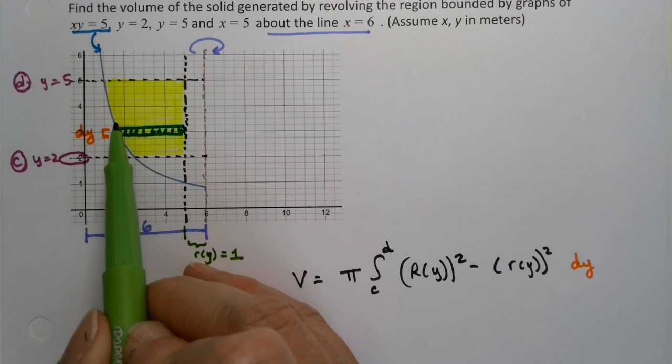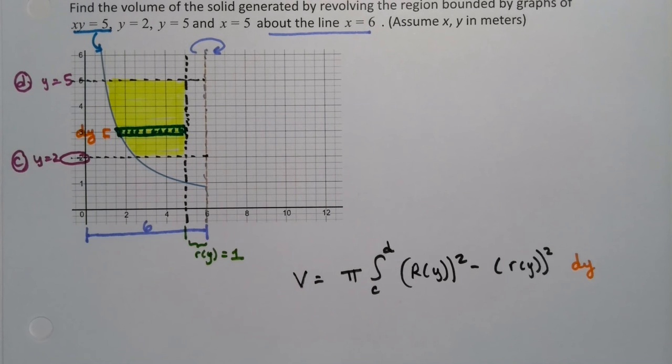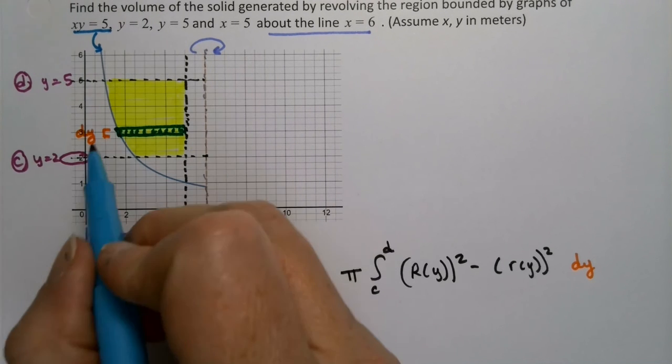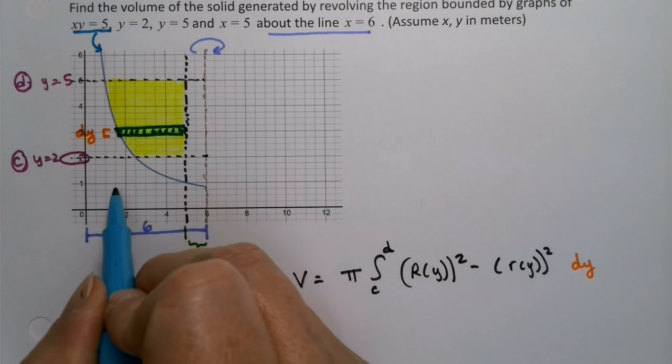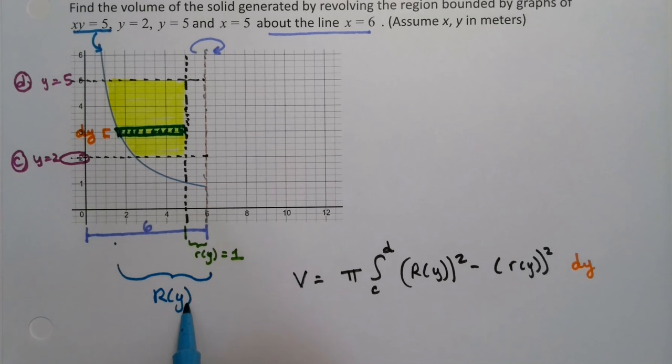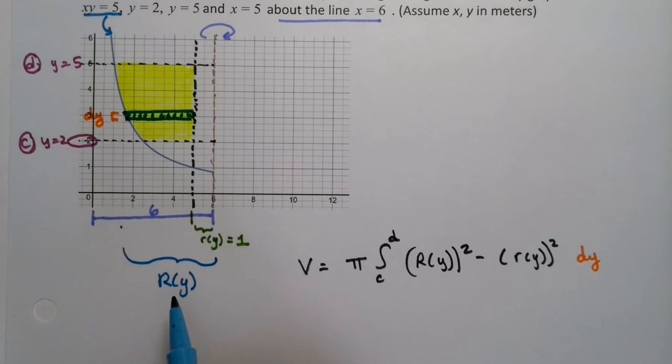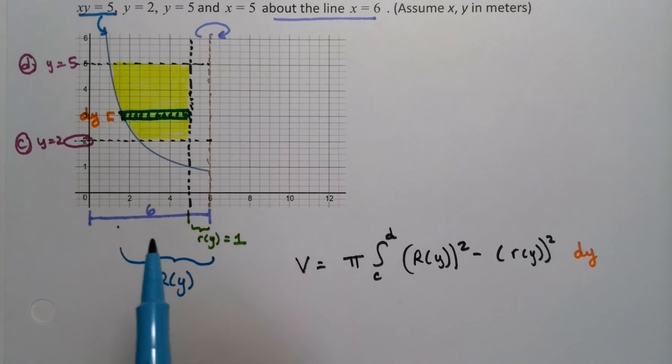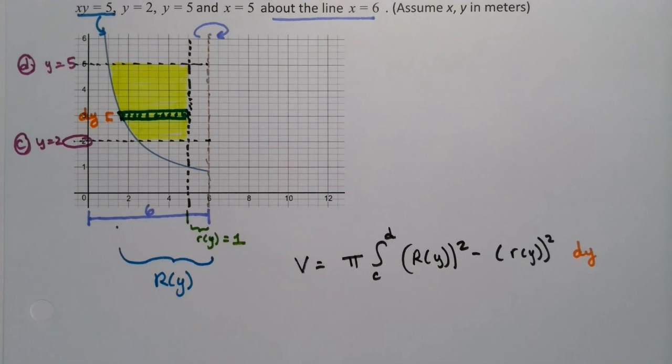This part is changing, so it's not going to be a set value, and we need to figure out what that is. So if I say from here, that value back to the axis of rotation, that's big R of y, and I need to figure out a formula for it. Now, when we do functions in y or functions in x, they're always based from the axis.